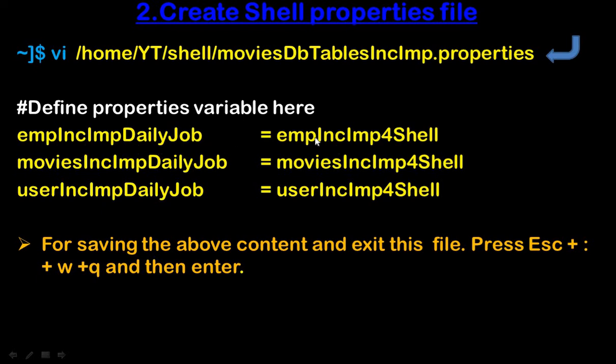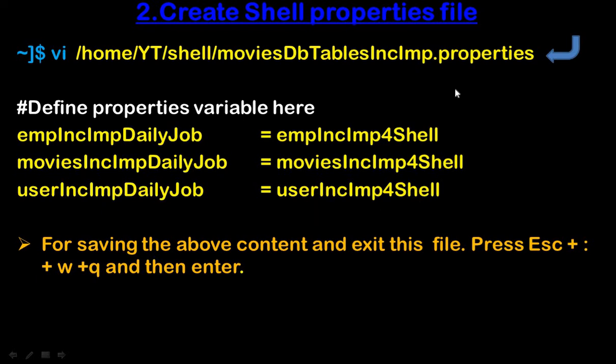This is the first job, emp inc imp for shell, and we assign this job to this variable, and this is the second job, and we assign the second job name to this variable, and the same way we assign the third job name to the third variable.